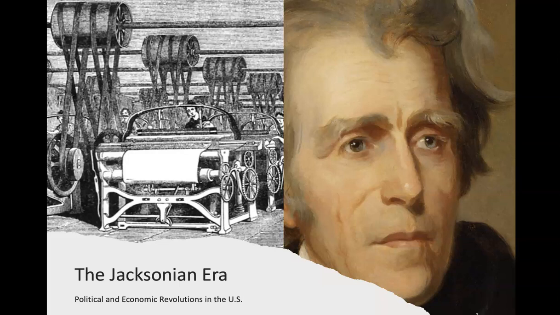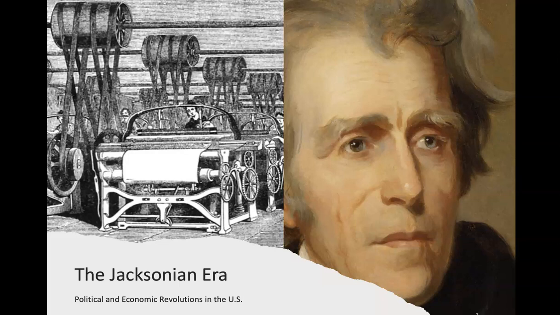Now, before we discuss the Jacksonian era, I should mention this: the Jacksonian era technically begins with the election of Jackson, and he didn't get elected until 1828. So I just mentioned that the early national period, on the other hand, before the Jacksonian period, ended with the War of 1812. So what accounts for that period between 1816, which is when the war ended, and 1828?